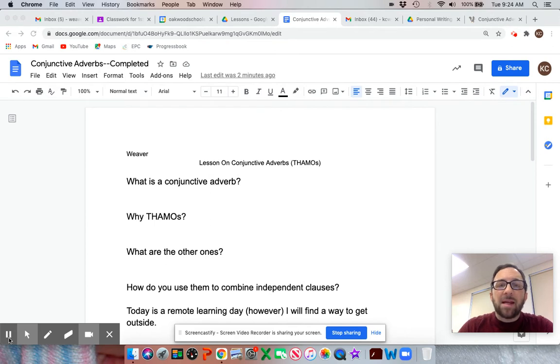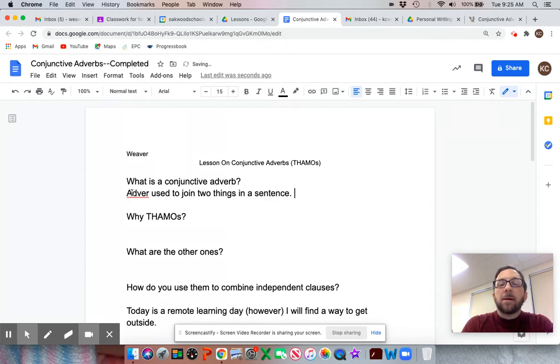Okay, let's get right into thamos or conjunctive adverbs. First of all, what is a conjunctive adverb? I'm going to fill this out as I go. A conjunctive adverb, in Weaver's definition, is an adverb used to join two things in a sentence.